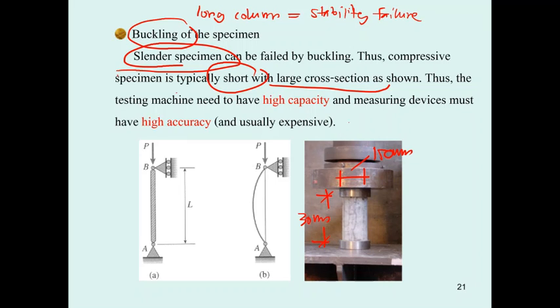And the testing machine must have high loading capacity, and the measurement of the deformation and force must be of high accuracy. So testing material in compression may be expensive.